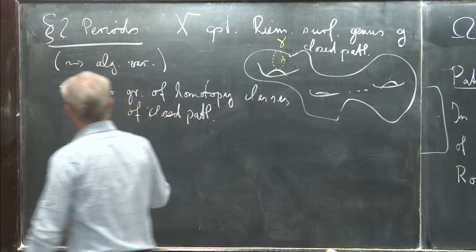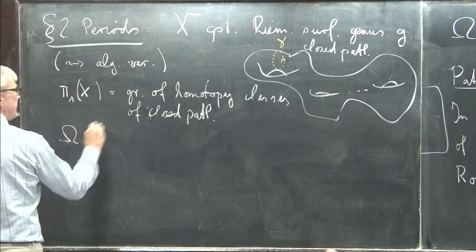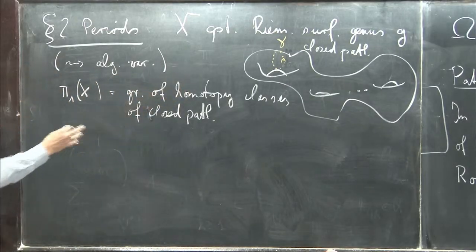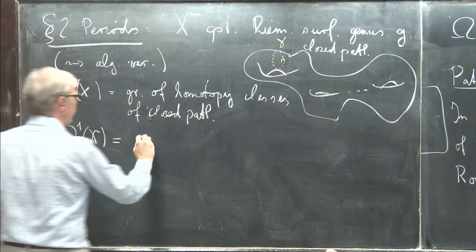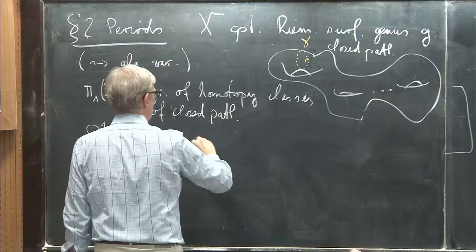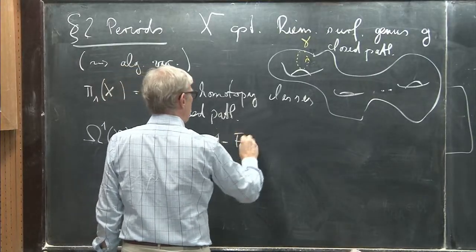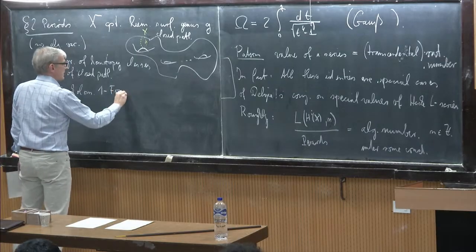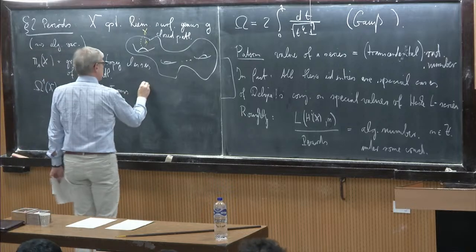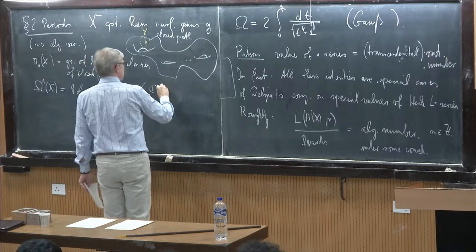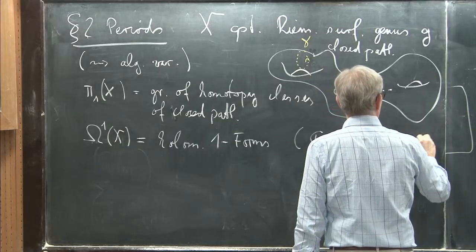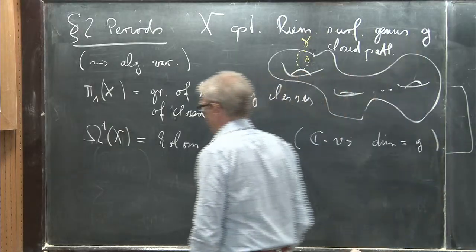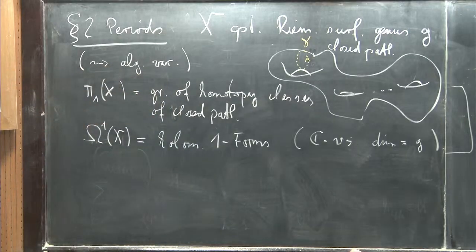And on the other hand, this is a complex manifold. This has a complex structure. So one can say what holomorphic differential forms are, holomorphic one forms. And this is a complex vector space, and the dimension is equal to g if the surface has genus g.